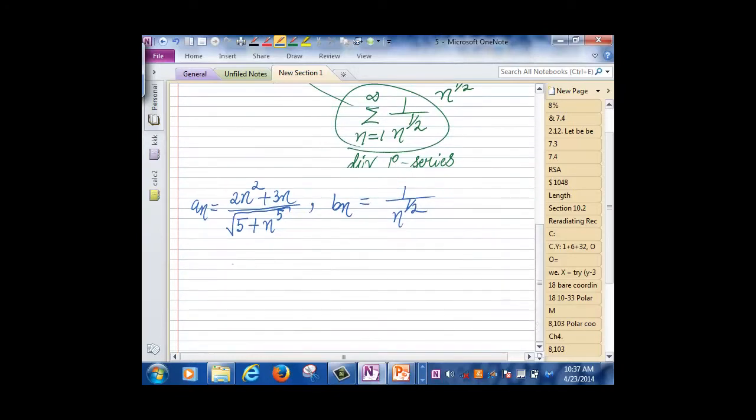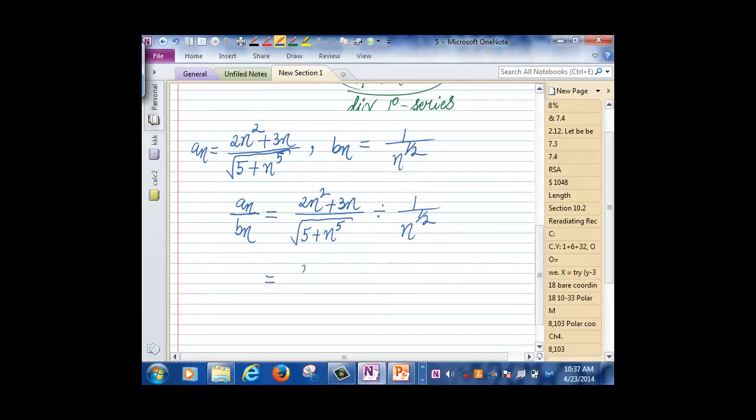And I'm going to take the ratio of an and bn. If I take the ratio of an and bn, what do I have? I have 2n squared plus 3n divided by 5 plus n to the 5, square root, divided by 1 over n to the half.